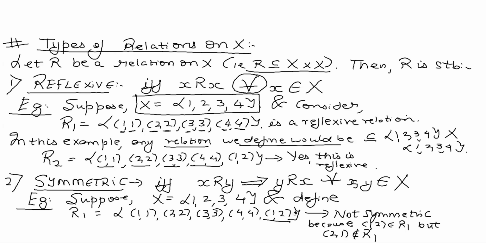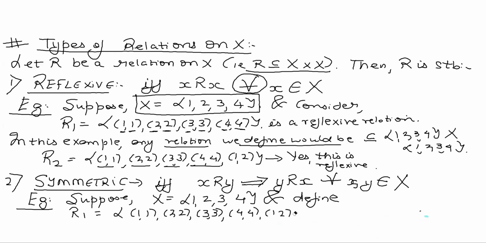Suppose I had this. Now is it symmetric? Yes. Now it's symmetric, because if (1,2) belongs to R1, then (2,1) also belongs to R1. Now guys, understand what I am doing.